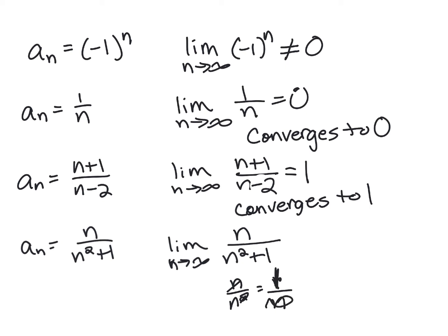If this goes to infinity, then you're going to go to 0. So that limit equals 0 because you've got infinity infinities on the bottom and only infinity on the top. So this thing converges to 0.